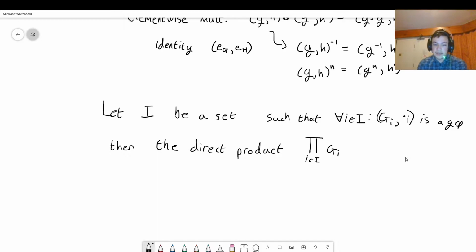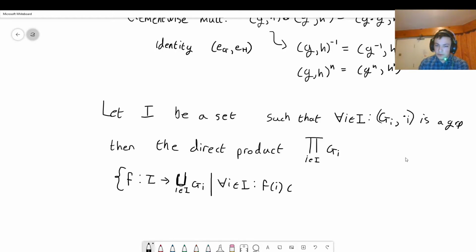and the set here is the set of functions f from I to the union of all the G_i, the disjoint union, I guess you could say, such that for all i in I, f(i) belongs to G_i.